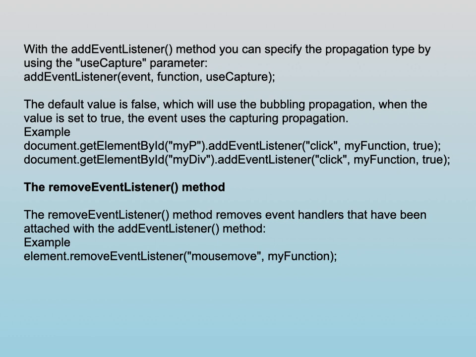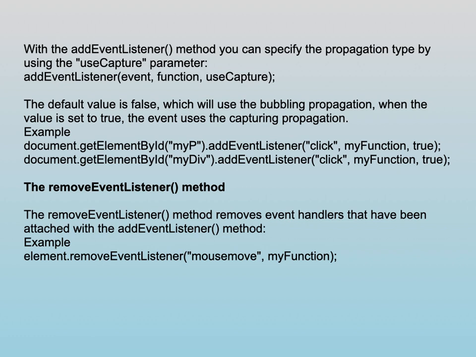In our example, document.getElementById myp dot addEventListener click, my function, true. So here the value is set to true. The event uses capturing propagation. Event capturing is done here for both the examples. For the second example, document.getElementById mydiv addEventListener click, my function, true.